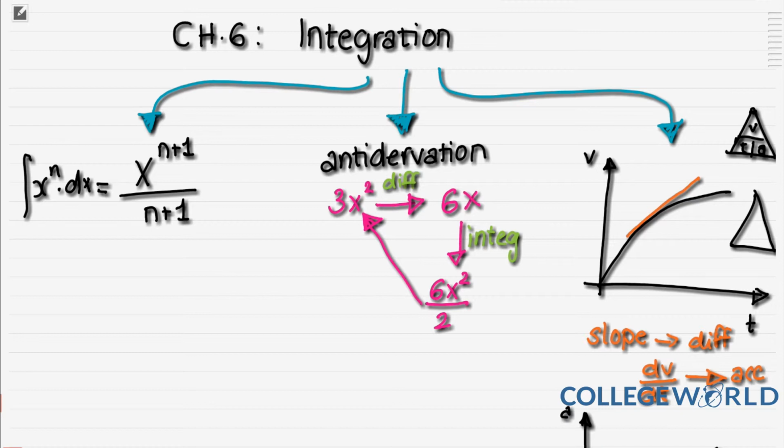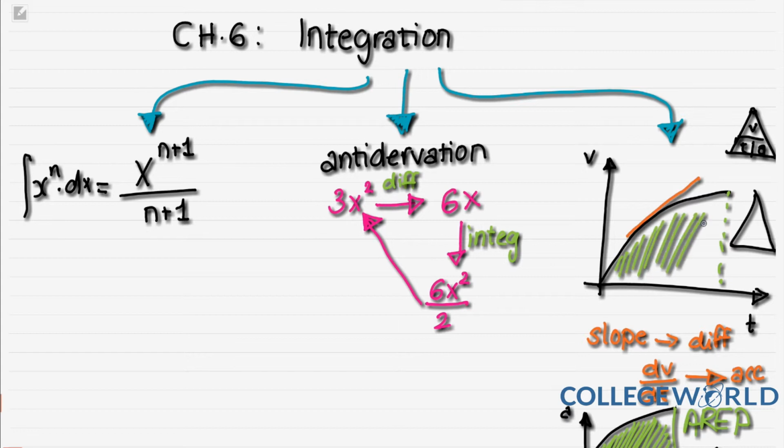I'm not going to do the math now, but you're going to actually multiply the acceleration by the time. What you're going to get is the area. Here, if you do this for the actual graph and you get the area under the velocity time graph, it is like you're multiplying velocity by time, which is going to actually give you the distance or the displacement s.